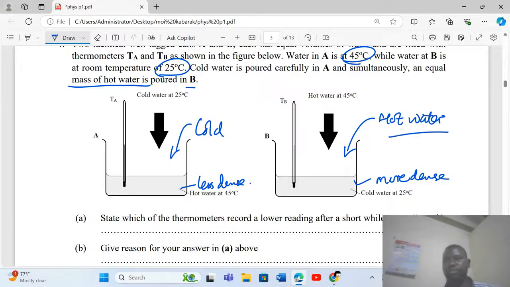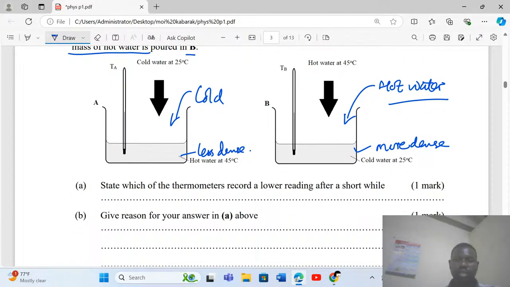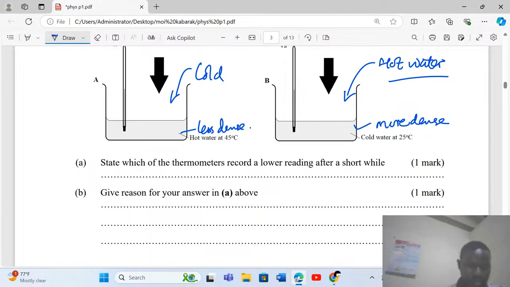That is what is being added there. Therefore, which of the thermometers records a lower reading after a short while? In this case, it will be TB. Why does it record a lower temperature?